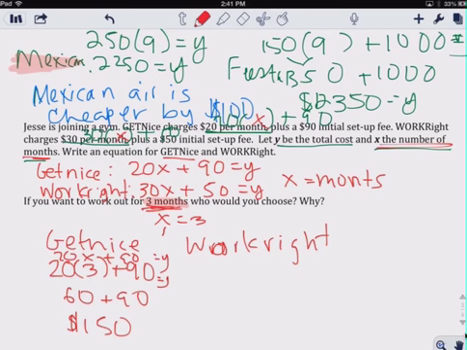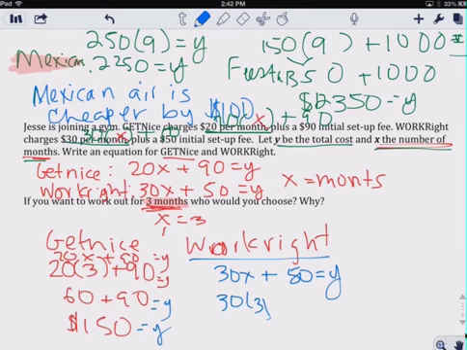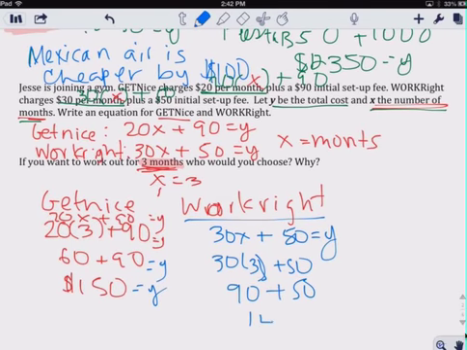Okay, Workrite, let me change it to blue for Workrite, is 30x plus 50 equals your total cost. So 30 times 3 plus 50. That's 90 plus 50 is 140.